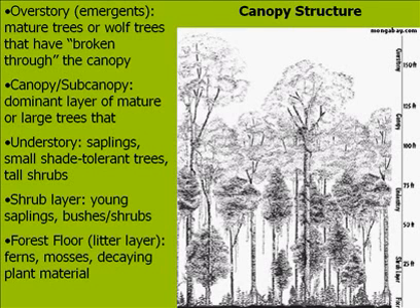You have the main canopy, which can sometimes be divided into the subcanopy. Your understory consists of smaller saplings or shade-tolerant trees. You have a shrub layer of much smaller stuff, and then a forest floor. So make sure you're able to identify the different layers or levels of the canopy in discussions of forest types.